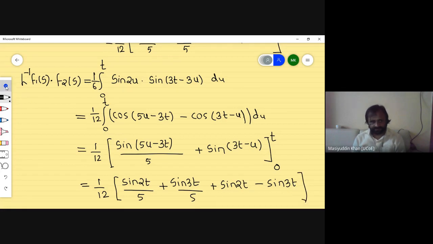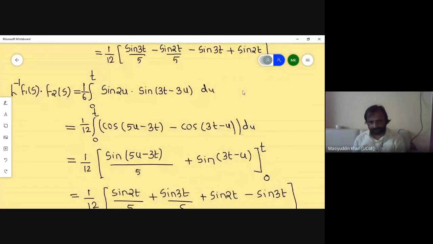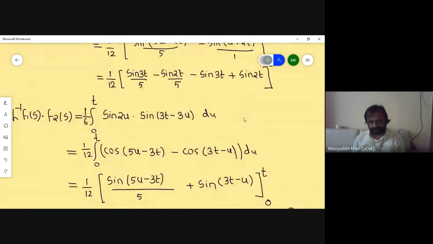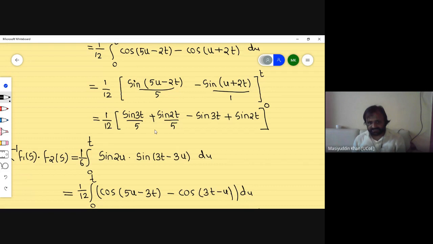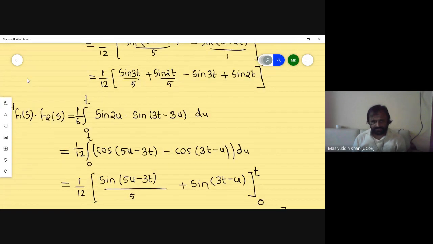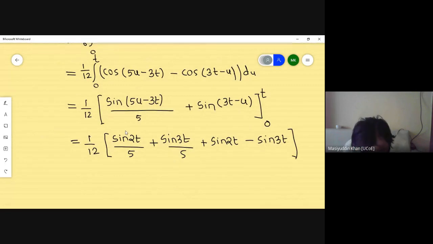Let's verify the terms. This part is again going to be plus, because while substituting 0, the lower limit minus sign will be there, and sine of minus theta is minus sine theta, so minus minus is plus. Now I don't think the results are different here. You can verify the terms, you will get the same result.